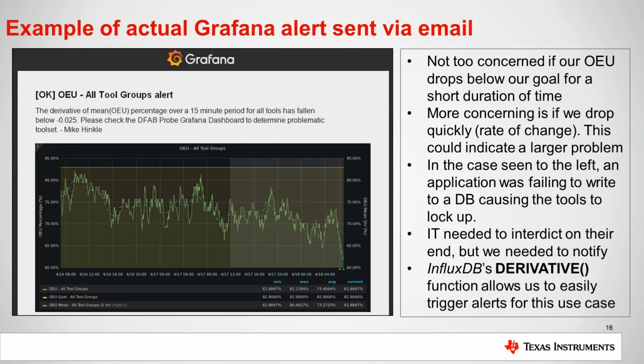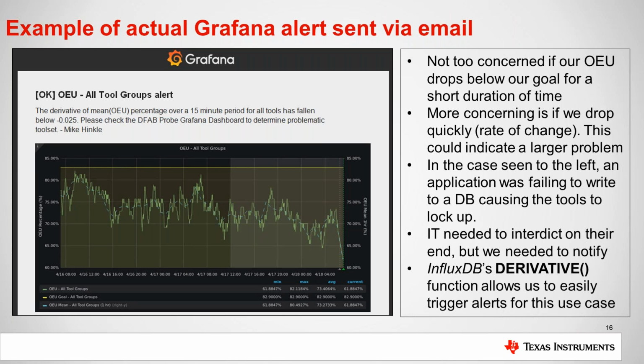Okay, another thing I'd mentioned earlier, some systemic problems perhaps happening on the floor. I don't necessarily care if my metric here is dipping below our goal for 5 seconds or for 2 hours for that matter. It doesn't really matter to me. What matters to me is something like this, where it looks like it's falling off a cliff.